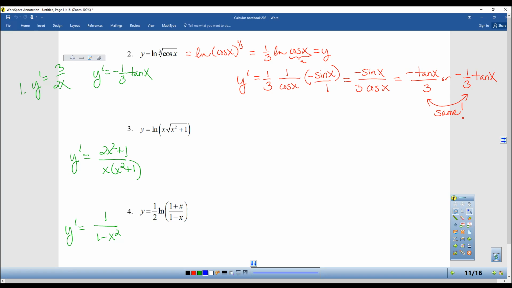Okay, let's take it up a notch. Using expanding from pre-calculus, this becomes the natural log of x plus the natural log of the square root of x squared plus 1. And then this becomes the natural log of x plus the natural log of x squared plus 1 to the 1/2.